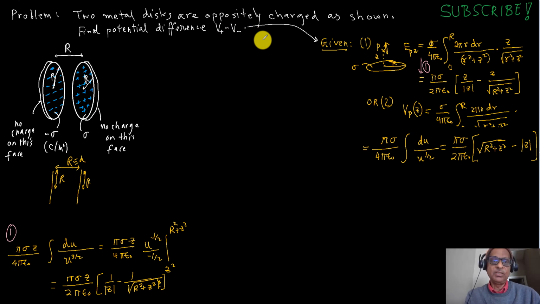Now this question can be asked without anything given. If nothing is given, then you have to do either this or this. For instance, you may have to find some arbitrary point along this, say at this point, what's the electric field.